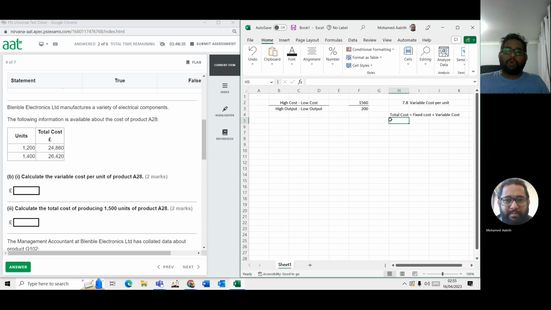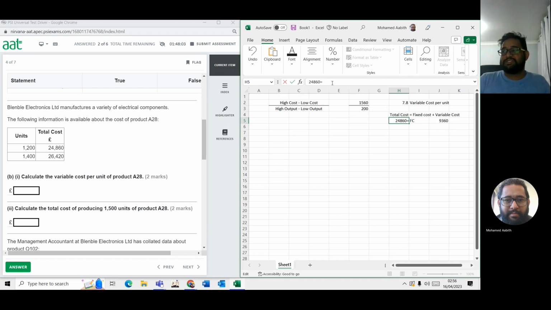So here, the total cost is 24,860, and that is equal to fixed cost plus your variable cost. What is your variable cost? It's going to be equal to that number multiplied by the production level of 1,200. So this is the amount we have got here.